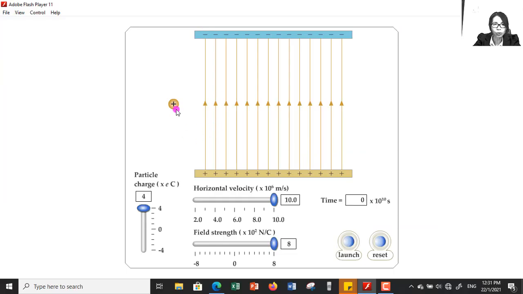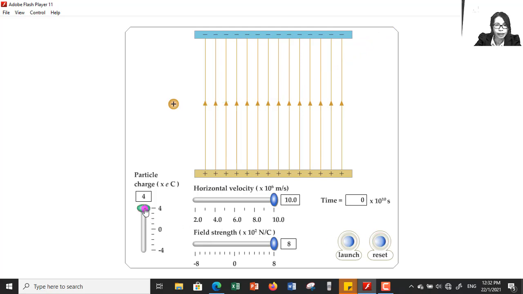Okay, contohnya teacher ada charge positive. This positive charge is going to move horizontally and enter the electric field macam ni. So, perhatikan pergerakan charge tersebut bila dia gerak secara horizontal, kerana electric force dia akan di-attract ke atas. Okay, dia akan deflect ke atas.